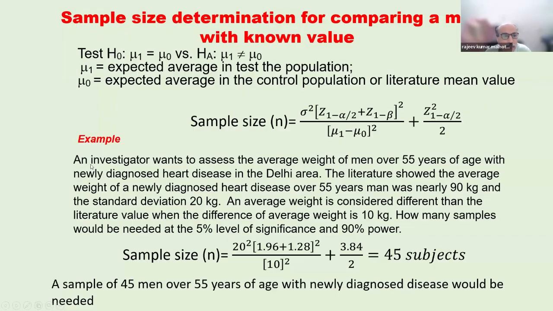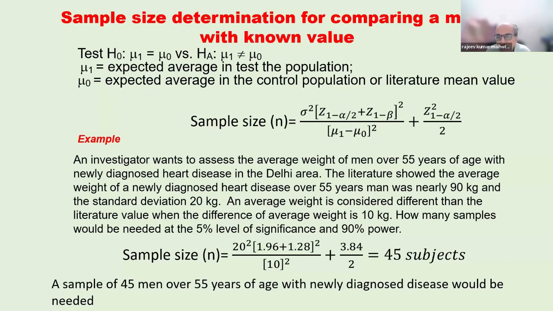Now this is the example. An investigator wants to assess the average weight of men over 55 years of age with newly diagnosed heart disease in Delhi, and literature values show that the average weight of newly diagnosed heart disease men over 55 years is nearly 80 kg and the standard deviation is 20 kg.